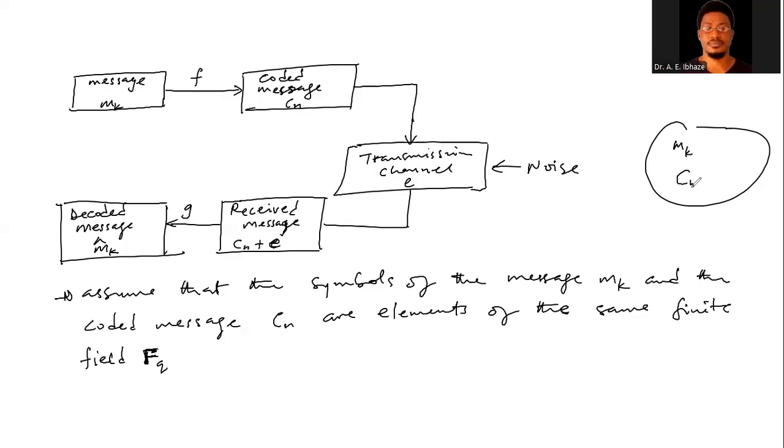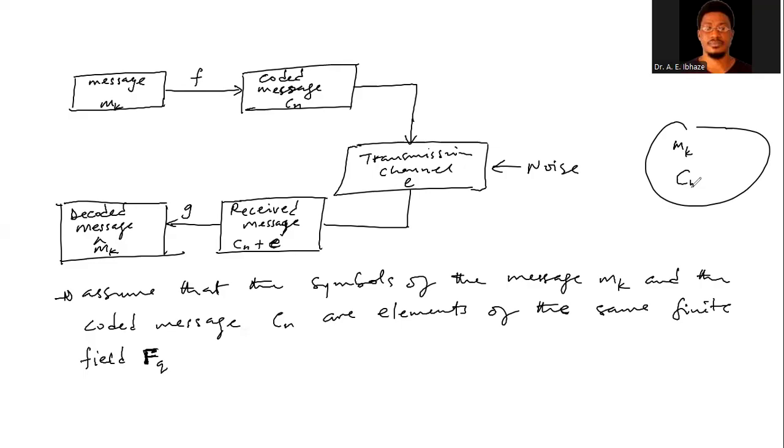Take note of the fact that we are talking in binary fields. That's why binary fields happen to be the most important field when it comes to coding. Use it for your cryptography, anything that has to do with coding. Okay, so we talk in binary fields because there are two possible elements, either a 0 or a 1. So when we are coding and decoding, it's either we flip it or we retain it.